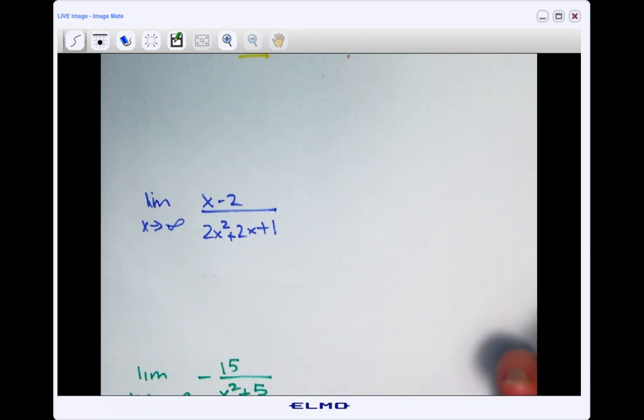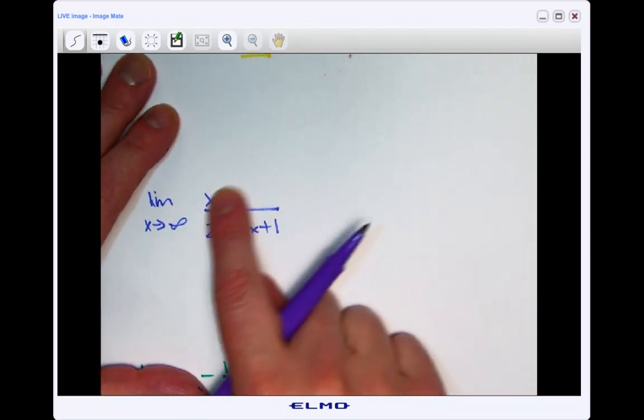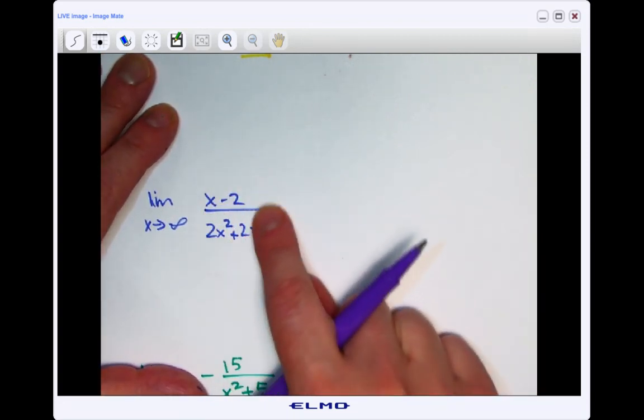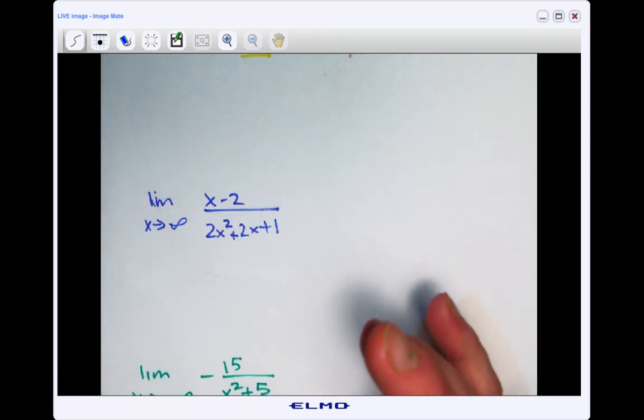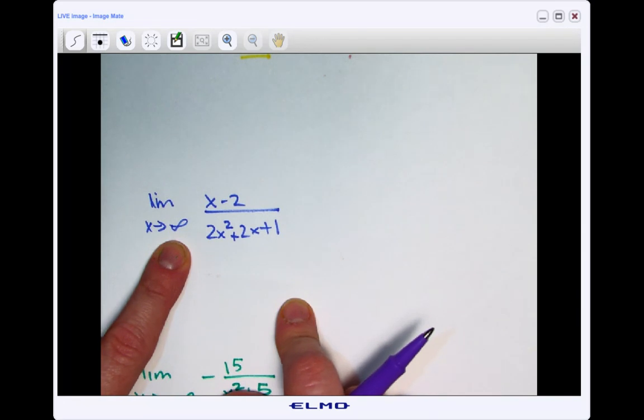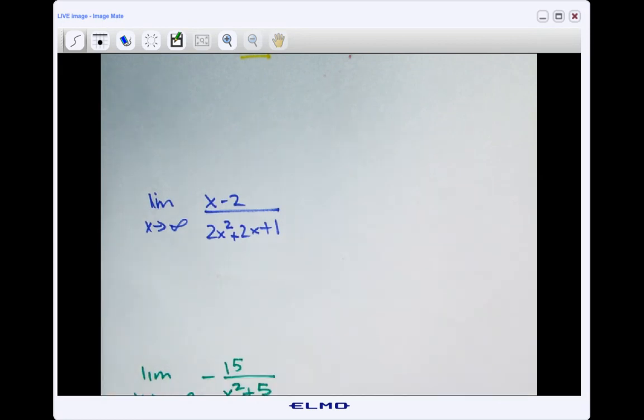What is a horizontal asymptote? It asks, what's the y value, or in other words, the function value, the value of this fraction, when x gets really big or really small? This is asking that same question. It's just only asking on one side, when it gets really big. So you already know how to do this. It's like finding a horizontal asymptote.